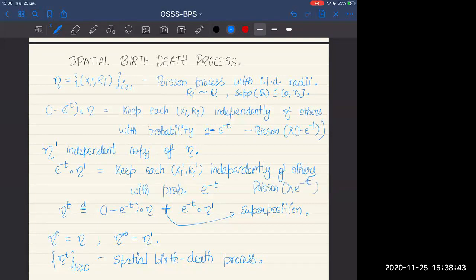So you deleted an e to the minus t fraction of points and added e to the minus t new points, roughly on average. And by the property of the Poisson process, these are independent processes. If I superimpose both, taking the union, I get a Poisson process again. So eta t is Poisson lambda.